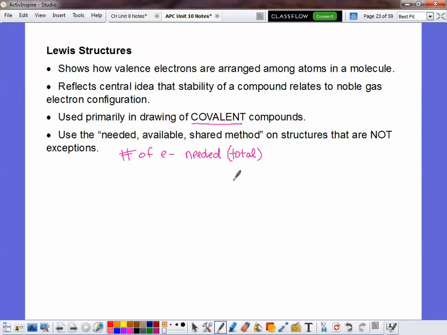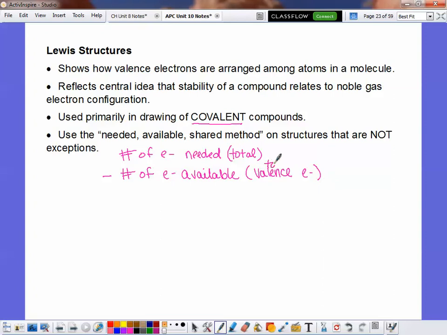And I'll go over how to know how many electrons an atom needs. Then we're going to subtract from that the number of available electrons, which are the valence electrons in the atom, and that's going to be total for the entire compound.